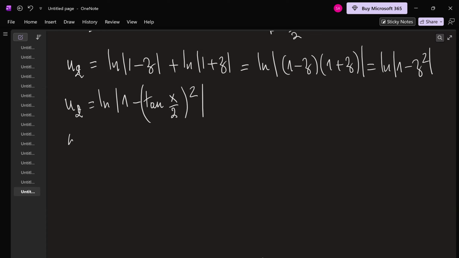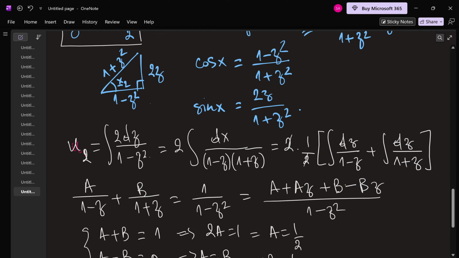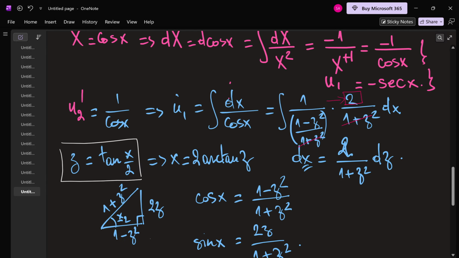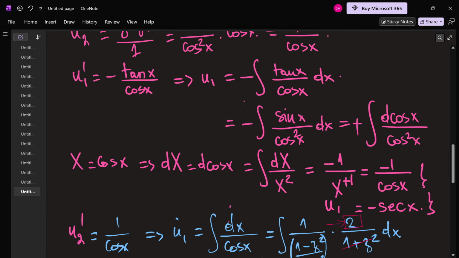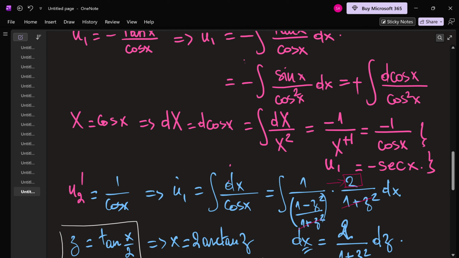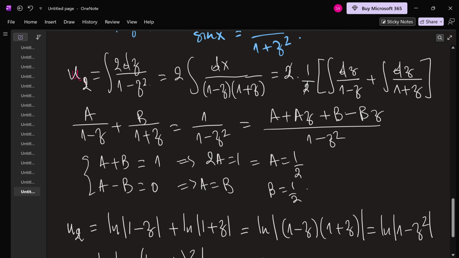So the particular solution yp is equal to u1 y1 plus u2 y2. Now you substitute y1 by its value. So y1 is this guy here, minus 1 over cos x.